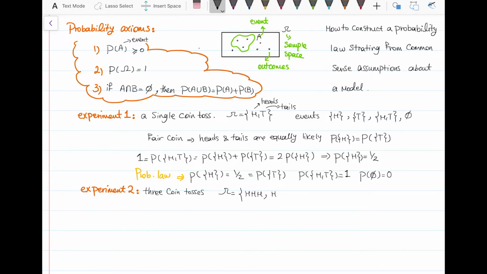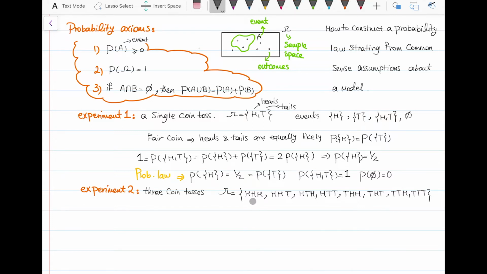Or head, head, tail. Or head, tail, head; head, tail, tail; tail, head, head; tail, head, tail; tail, tail, head; and tail, tail, tail. So we have 8 possible outcomes. This is our sample space.